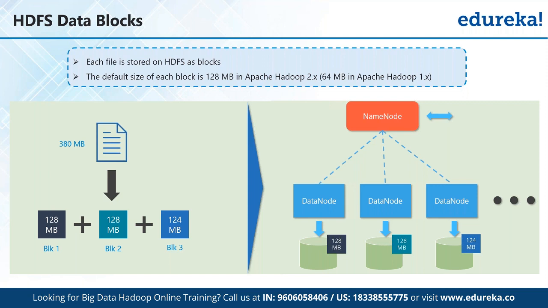Now, what if any of the data nodes goes down? The obvious question, because these are all machines: a power failure could happen, a disk can crash, a system can crash. What would happen? Your file would be gone, right? You won't have a file at all in this scenario, because one portion, 128 MB, is gone. Then I can't create my file again.